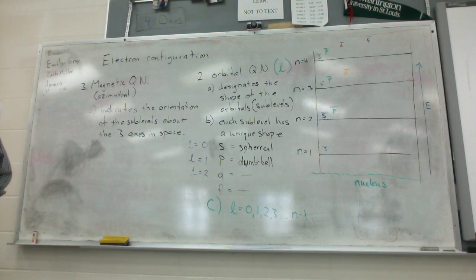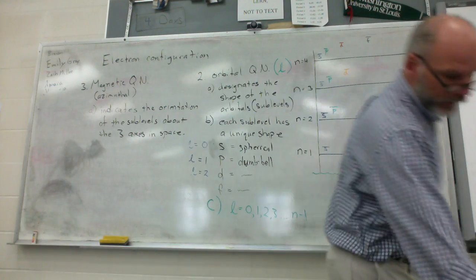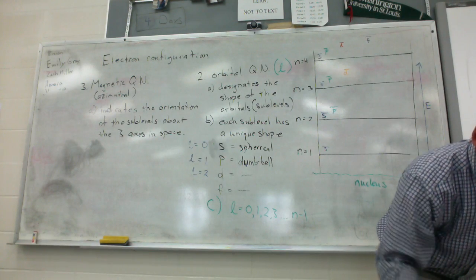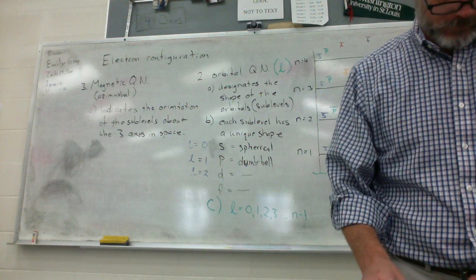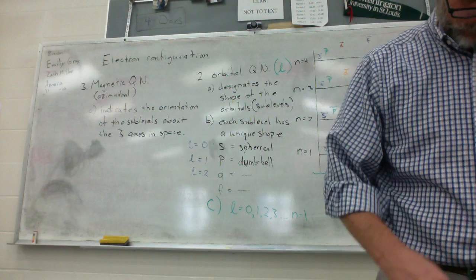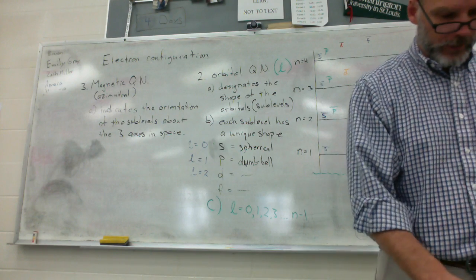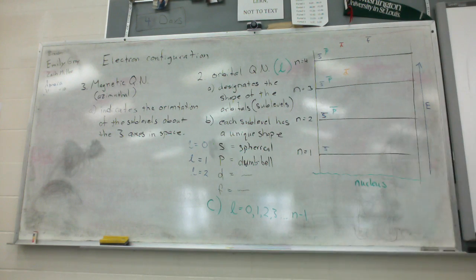Yep, you got it. X, Y, and Z. Okay, so the Cartesian coordinates, X, Y, and Z. Now, here's what's interesting.